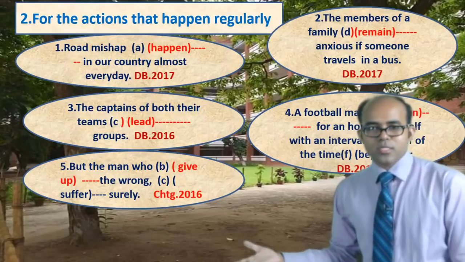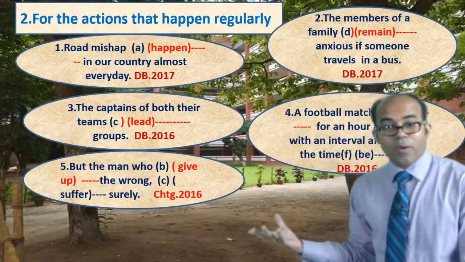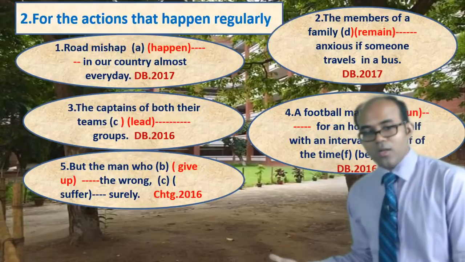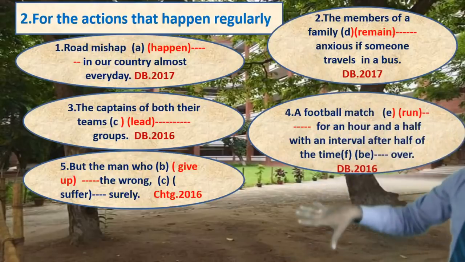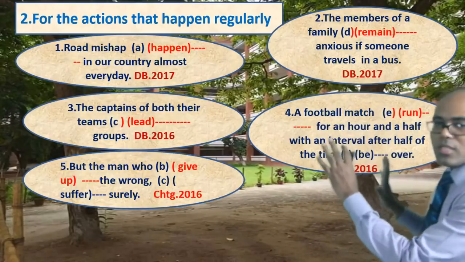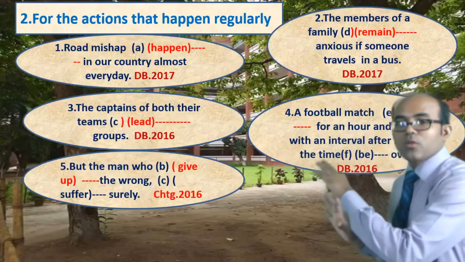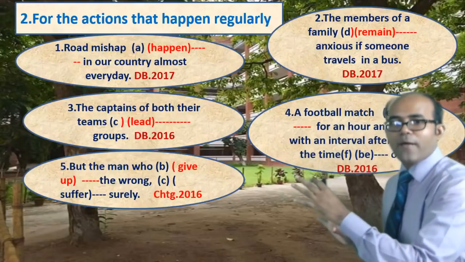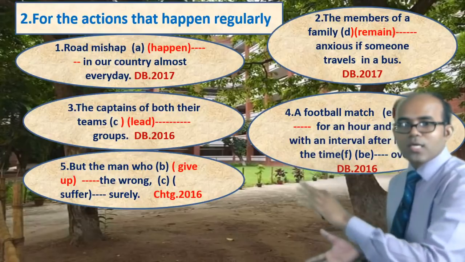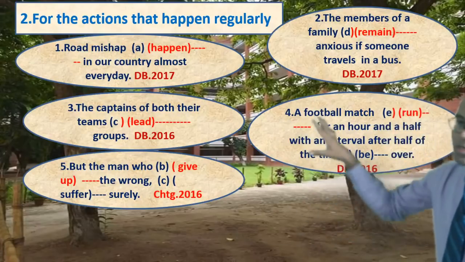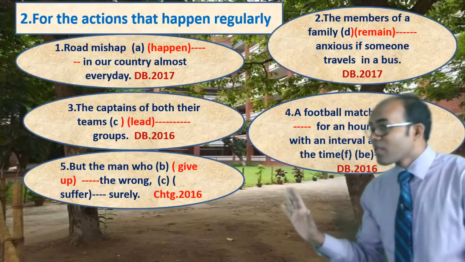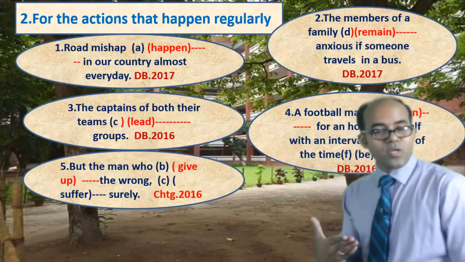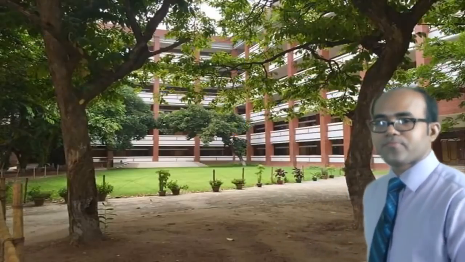When you give up something wrong, you may get punishment, or you may suffer a lot. So these are the examples to make you aware of regular actions, regular events happening all the time. If you learn tense, you can answer different questions from different boards. Even later on, you'll be able to answer universal questions.